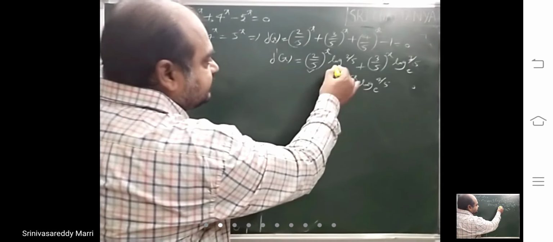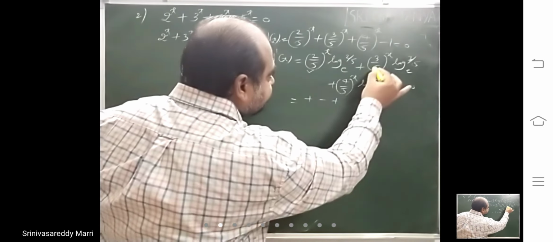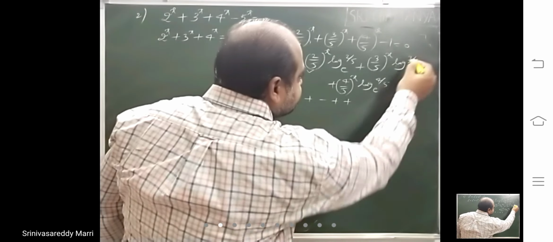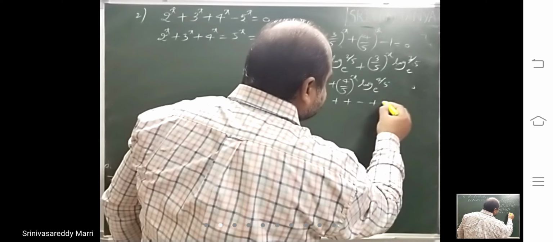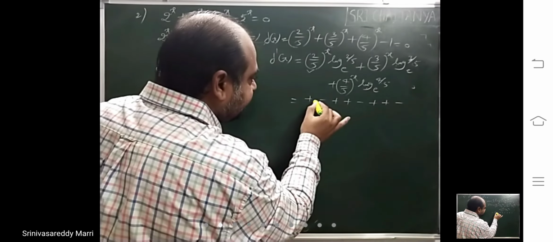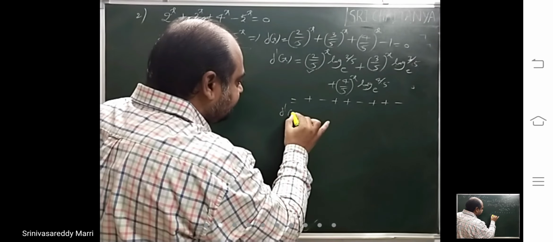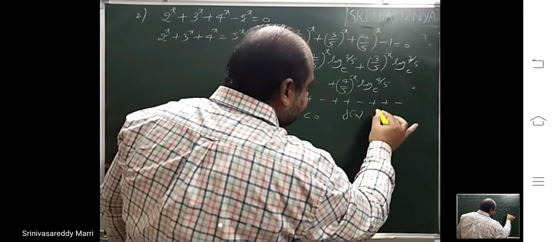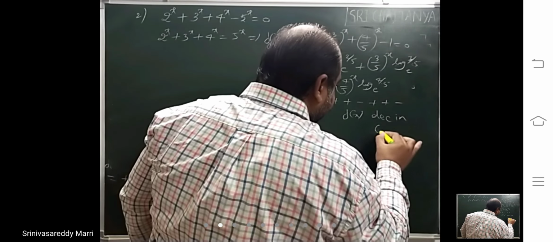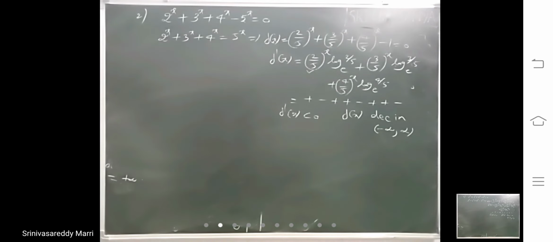So this is positive, this is negative; plus this is positive, this is negative; 0.6 is also less than e, so negative. That means negative, negative, negative. Therefore we can say f dash x is less than 0, so f of x decreases always from minus infinity to infinity.